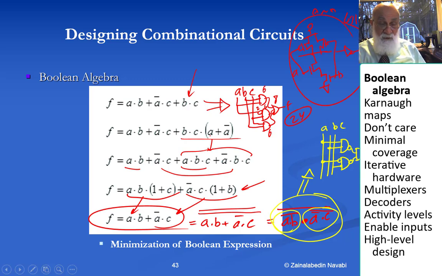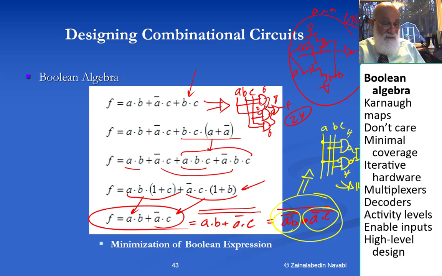Let's count the number of transistors. This one has 4 transistors, 4 transistors, 4 transistors here, and this little thing here is an inverter, which uses 2 transistors, and therefore I have a total of 14 transistors altogether.